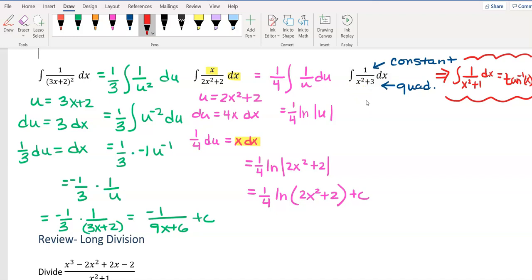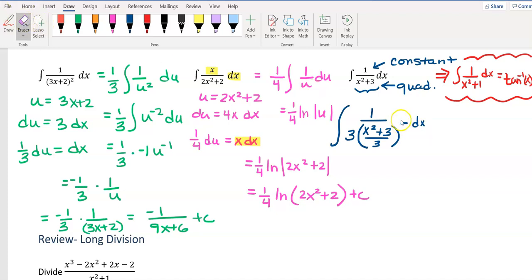So here's the idea. Let's take the function here, and I'll rewrite it. We're going to go 1 over x squared plus 3. If I divide everything by 3, I also need to counteract it with that multiplication piece that I was talking about. Okay, so I can rewrite that as, and remember we're taking the integral of this, so I need to put that dx before my equal sign.